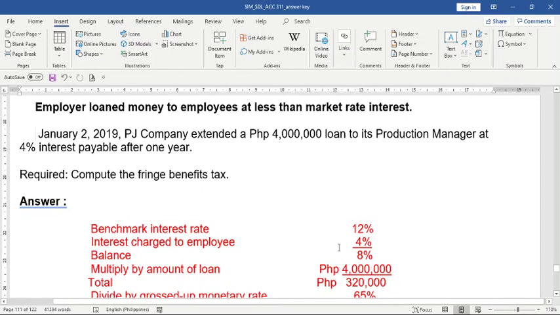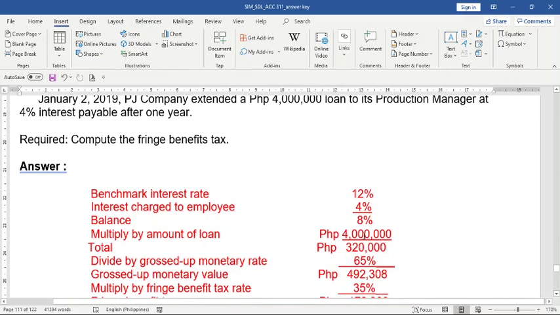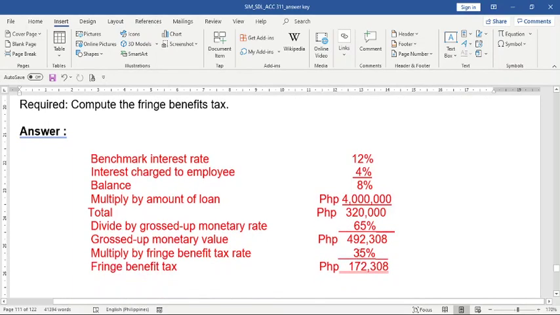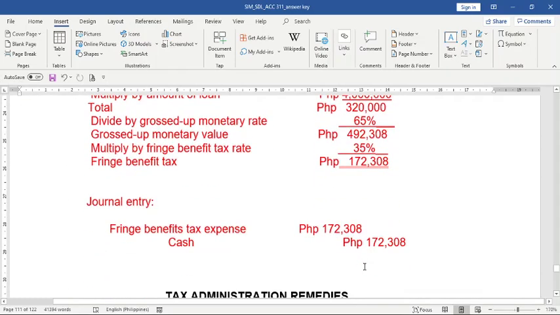And then, 4% ang i-charge lang. So, balance 8%. So, i-multiply natin, compute the interest rate katong excess. No? 8% of 4,320,000. And then, divide again with the gross up monetary value factor. Divide 65%. Then, multiply with 35%. This is your fringe benefit tax, 172,308.